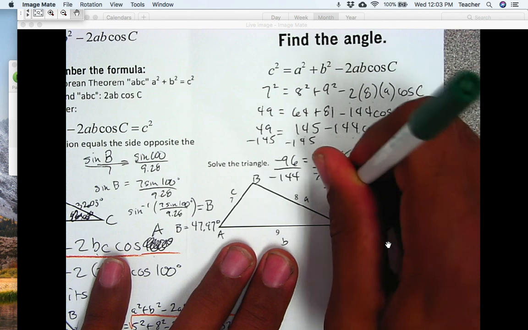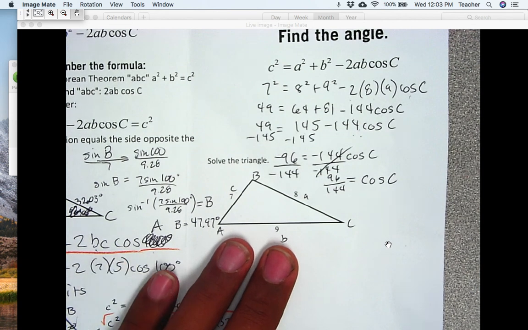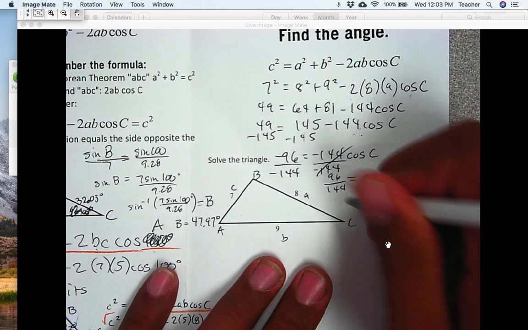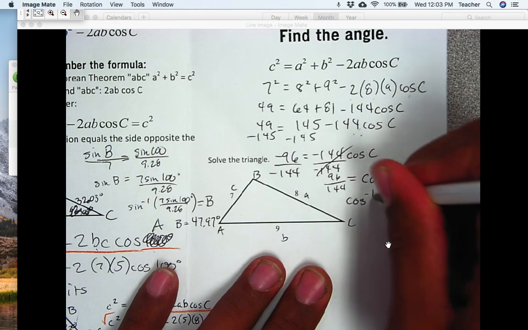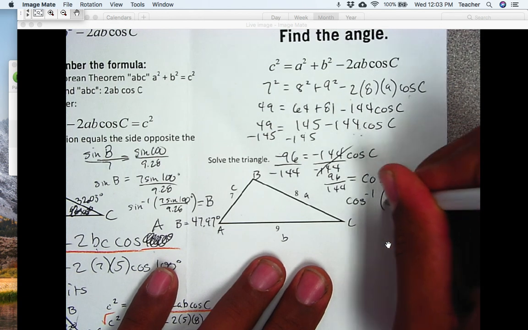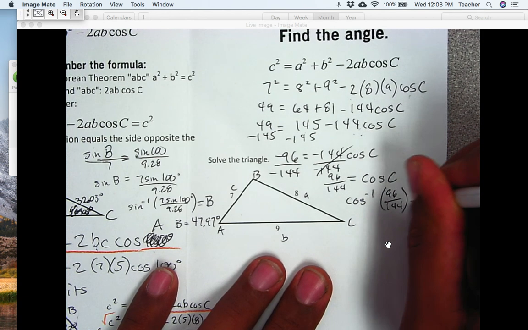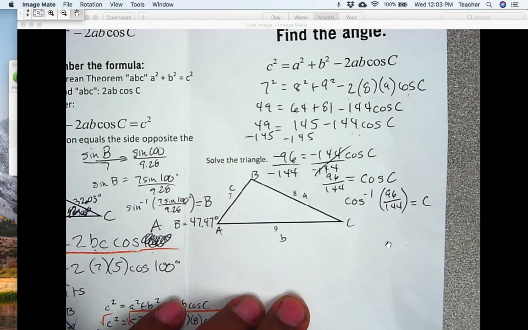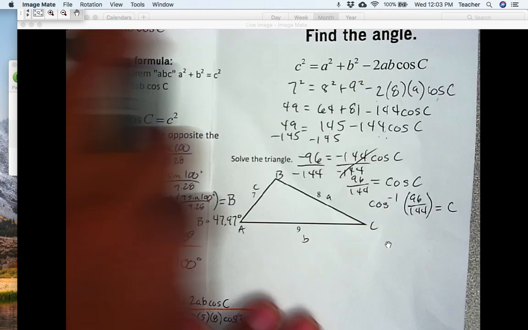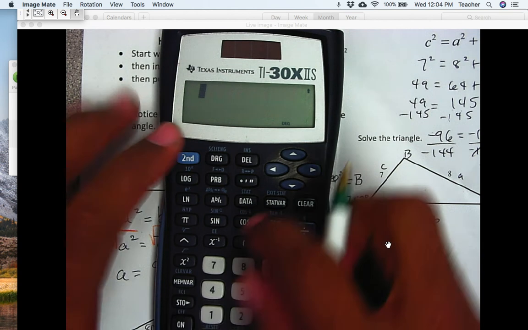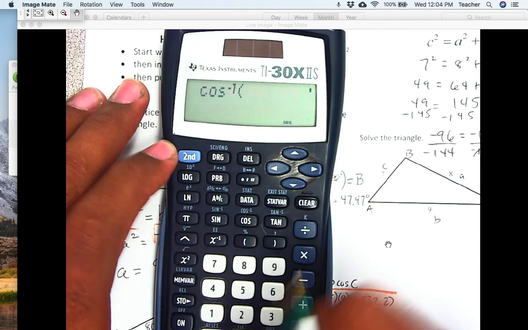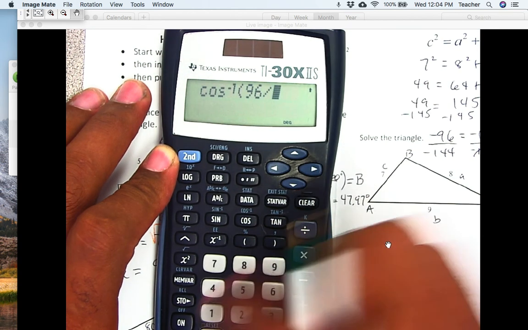Now I could reduce that, but that's not really important because I'm going to be using the calculator to find that angle c anyway. So now I'm going to do the inverse cosine of that ratio, and that's going to give me my angle c. So again, I'm going to have to do second, inverse cosine, 96 divided by 144.